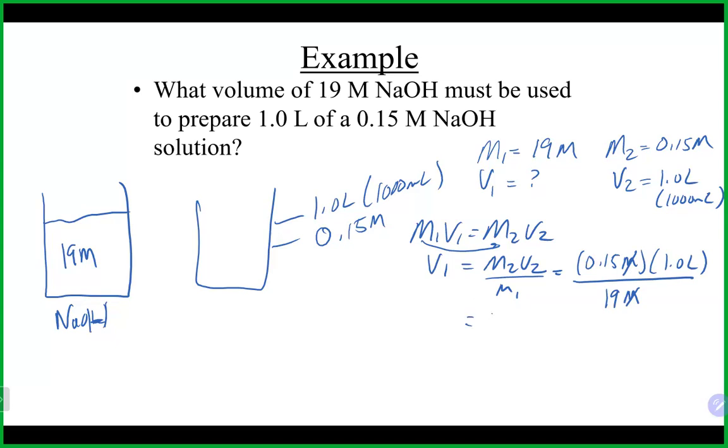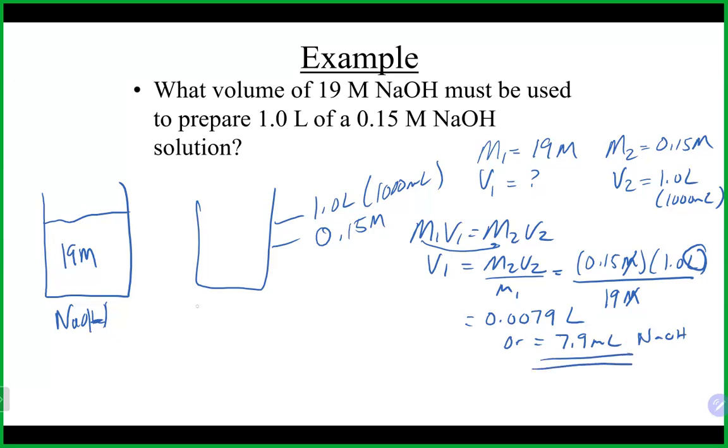We'll call it 0.0079. And my units here are going to be liters because I did leave this in liters. That is roughly 7.9 milliliters of our sodium hydroxide in this case.